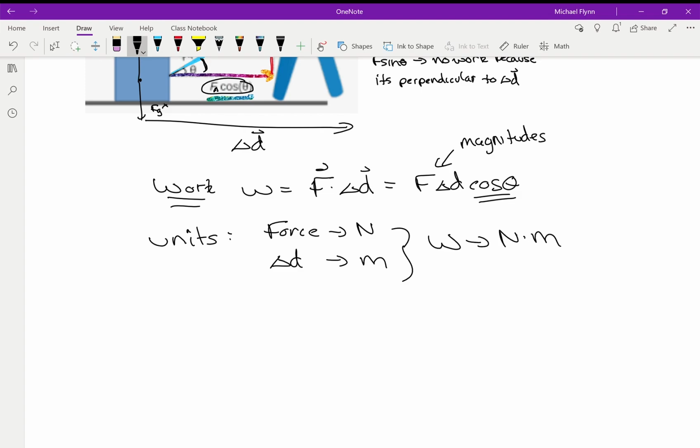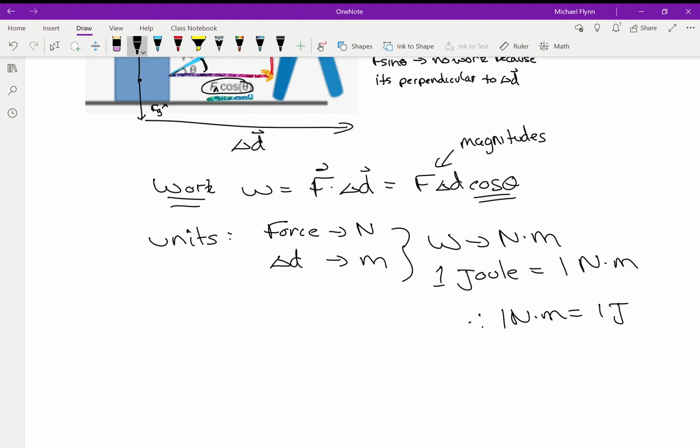But we've named a unit of work in honor of a scientist. So 1 joule of work equals 1 Newton times 1 meter. So 1 Newton meter equals 1 joule of work.